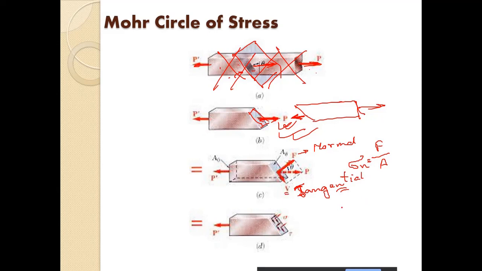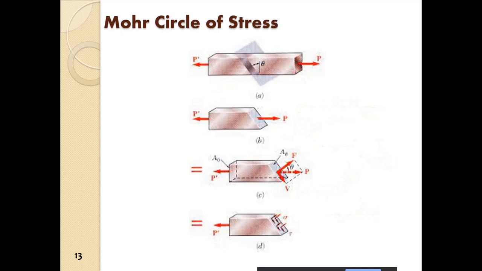And if we divide the tangential force by the area on which it is acting, then we have the shear stress. So this is the normal stress and this is the shear stress. It is acting at all points of the plane. That is the stress. Stress into the area is the force.